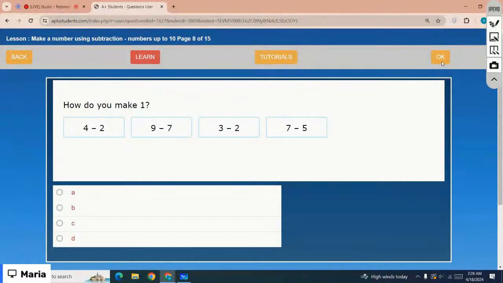C is the correct option. 3 take away 2 equals 1. Option number C is the correct option.